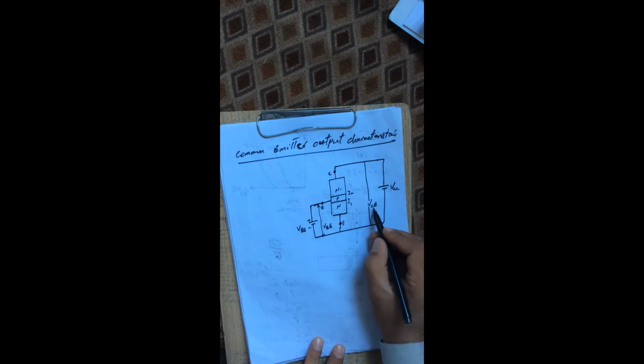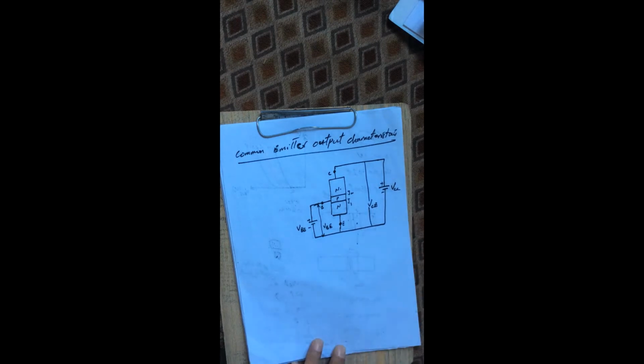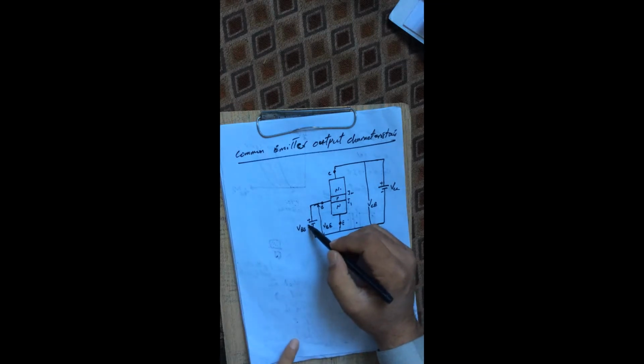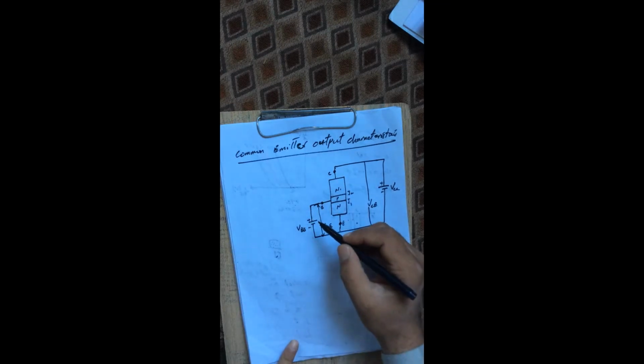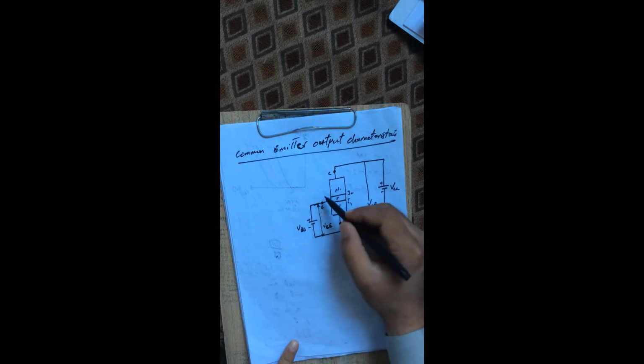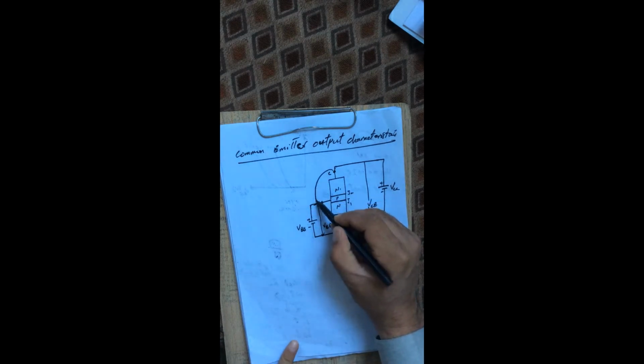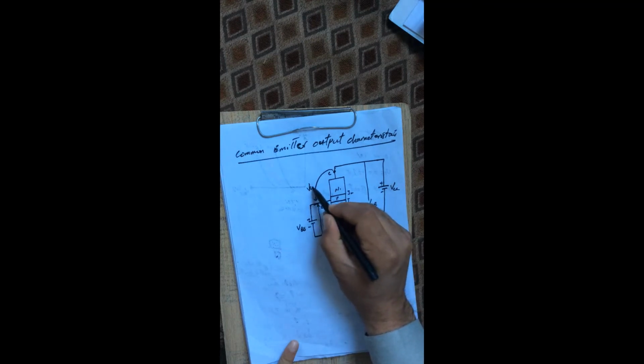Why VCE? Because the collector is connected to the positive terminal and the emitter is connected to the negative terminal. Now the voltage appearing between base and collector will be VCB.